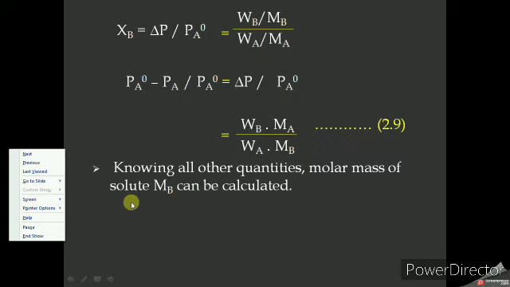So if you know all the other quantities, molar mass of solute MB can be calculated by using this formula. So once again I will revise the terms involved in your formula. PA0 is the vapor pressure of pure solvent, Pa is the vapor pressure of solution, delta P is the change in vapor pressure, that is lowering of vapor pressure, and delta P divided by PA0 is relative lowering of vapor pressure, XB is the mole fraction of the solute, WA is the weight of solvent, WB is weight of solute, Ma is the molar mass of solvent, and Mb is the molar mass of solute respectively.